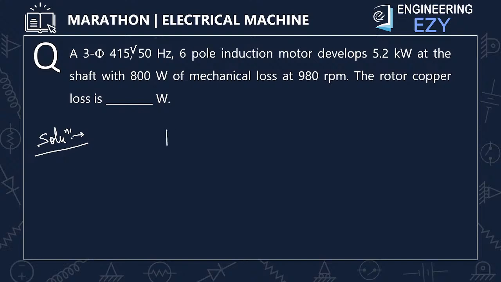So, mechanical power developed PM is equal to PG minus S PG, air gap power minus rotor copper loss S PG. So it can be written as (1 minus S) times PG.